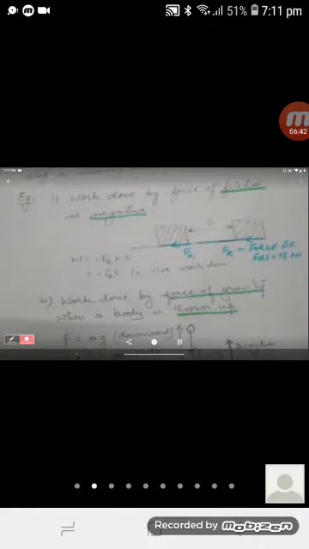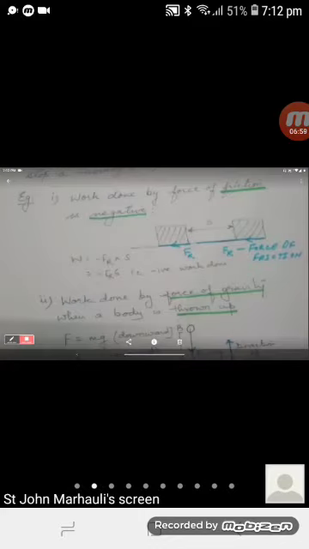Now, an example for this condition is the work done by the force of friction, which is negative.